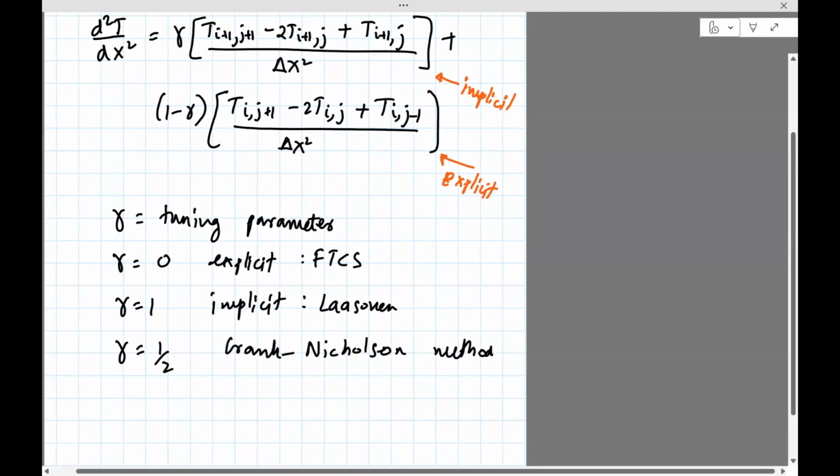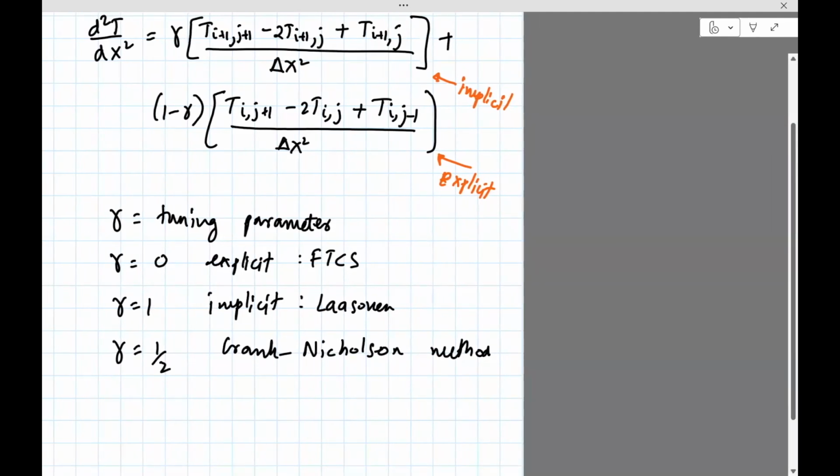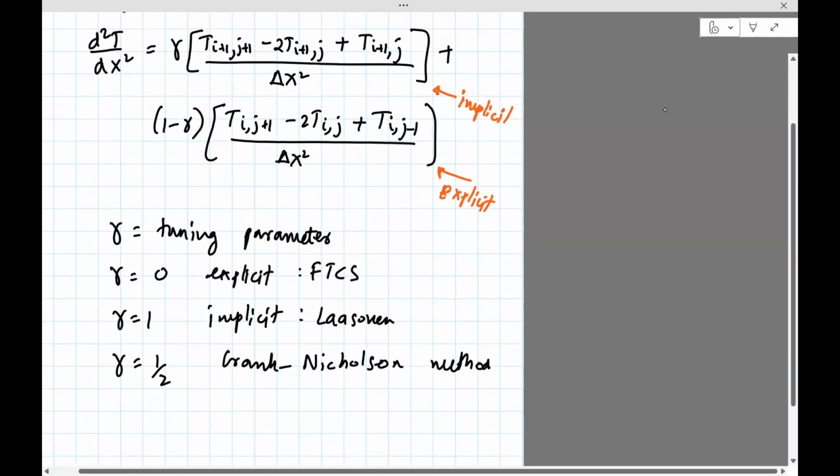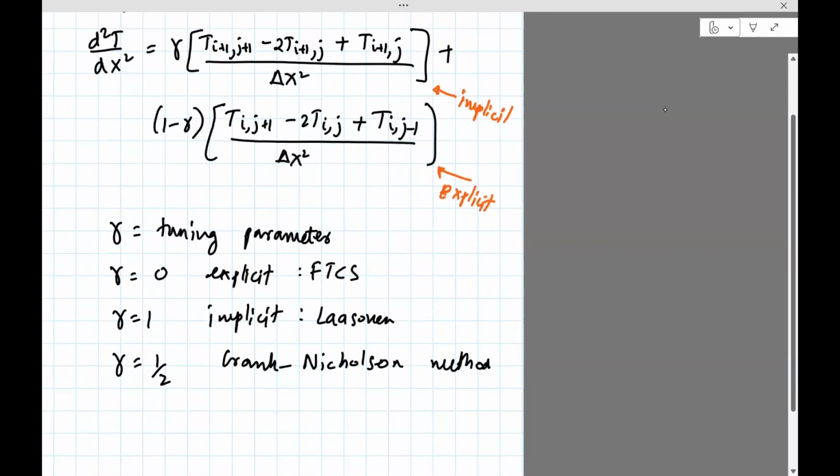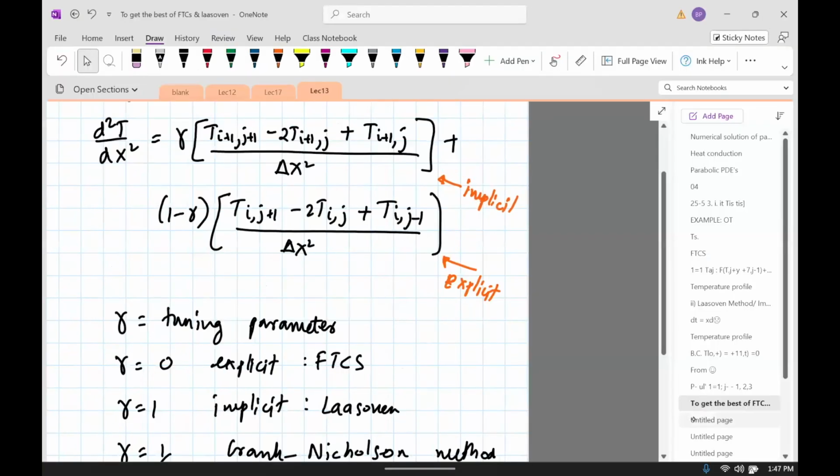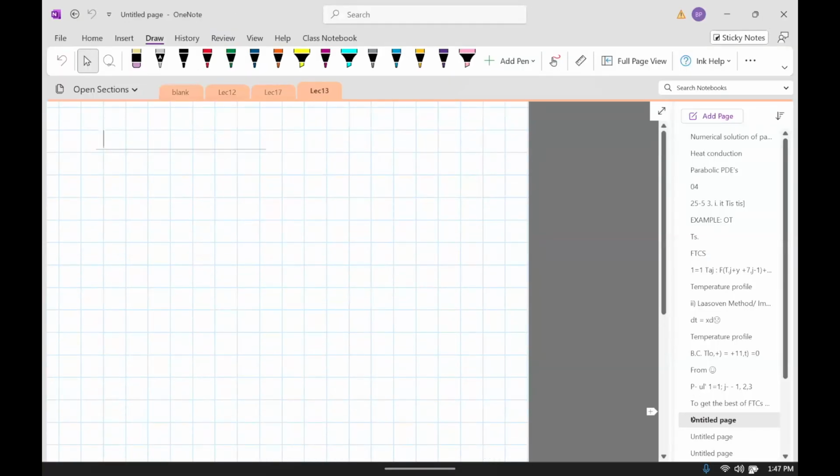Okay, I'll write down the formula for Crank-Nicolson and I'll stop. So the formula, which is after you take that d squared T dx and you put in the equation, will look like this in terms of f. Let me just write the Crank-Nicolson one. They're the most widely used.